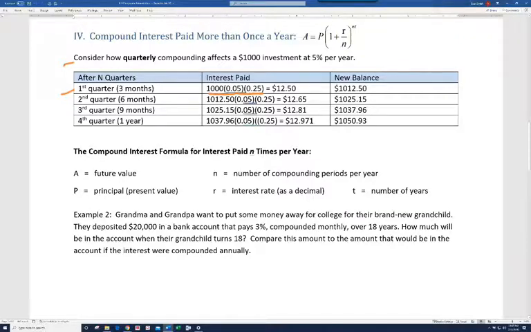And so you're getting $12.50 in interest, and so the new balance is $1,012.50. And so you can see how every 3 months we're going to be getting paid interest on our balance. And so we are earning interest on interest, but this is compounded more frequently. It's every 3 months or every quarter.